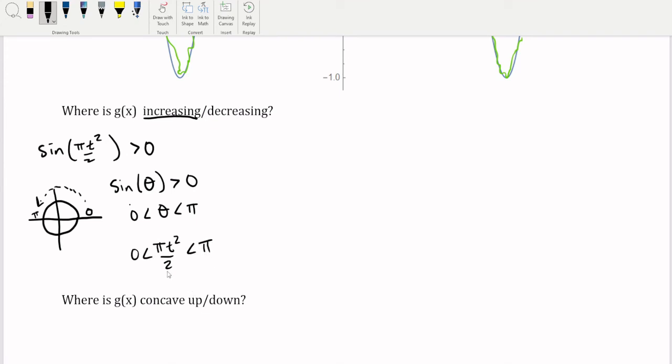So just move some stuff around. Multiply by 2, divide by pi. That's going to give us 0 less than t squared less than 2. The pi cancels, leaving just 2 over there. Then we're looking for all the t values that, when you square them, are between 0 and 2.